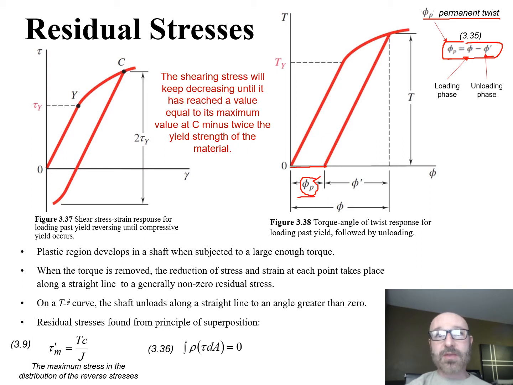There's our phi sub P, and this is equal to our phi, our loading phase, which goes from 0 all the way up to where we loaded, some total torque T, minus our unloading phase. So we unload it, there's our distance to our unloading phase. So the angle of twist from our loading phase, minus our angle of twist from our unloading phase, is equal to what we're left with once we load it and then unload it, which is the permanent twist, or phi sub P.